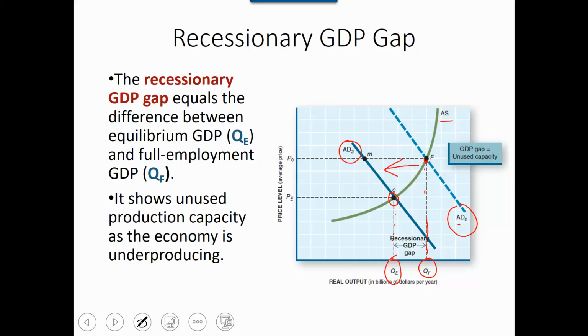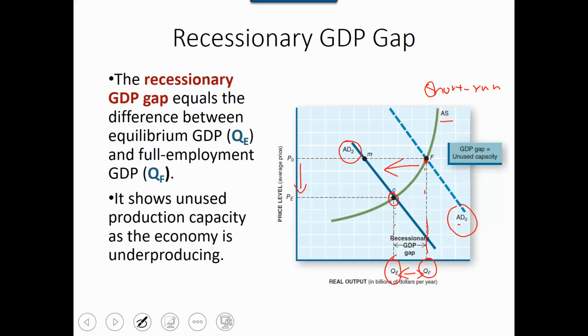As we talked about in 1929, there was a deficiency in consumption, causing producers to not want to produce or hire people. We have enough resources in this society, but producers just don't want to produce. That's why this gap indicates the economy is underproducing.